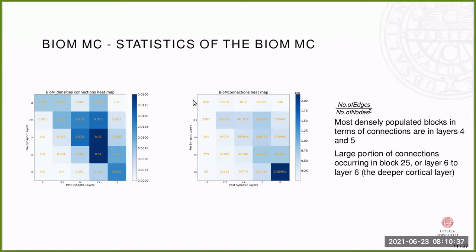If we look on the image on the right, we have 848 connections between neurons in this block, and approximately 340 neurons in this block. So we just take the number of edges, which is 848, and divide by the size of the matrix, so the number of neurons in this block squared.